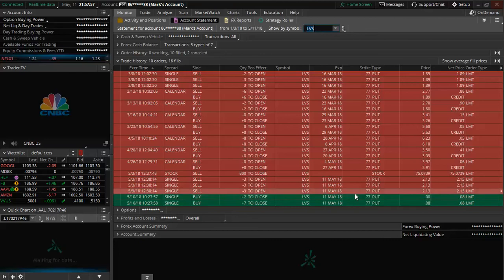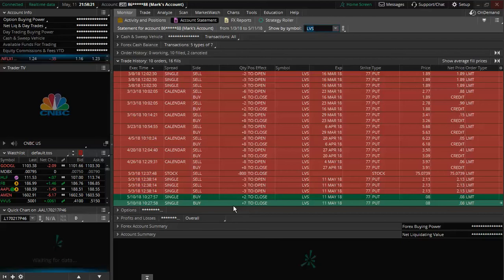The reason why you don't see any closing trades prior to this is because I was having to roll every week. And when you roll, technically you're closing it out, but you're reopening that trade at the exact same time. So it doesn't generate a green closing trade because you're closing and opening at the exact same time, which keeps you in the trade.